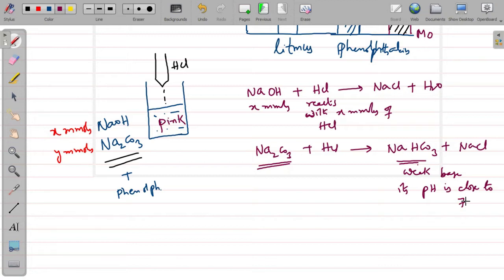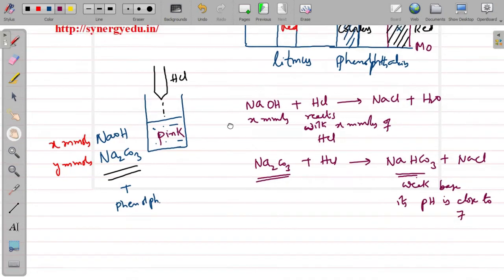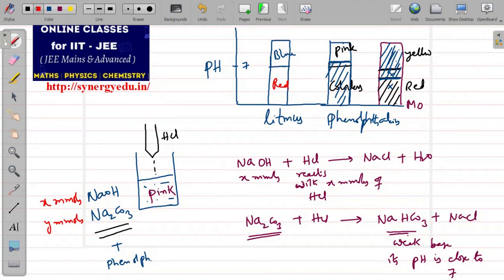So since it is close to 7, if you use phenolphthalein as the indicator, we already know that if a point falls here, then phenolphthalein treats it as an acid and exhibits a colorless solution.